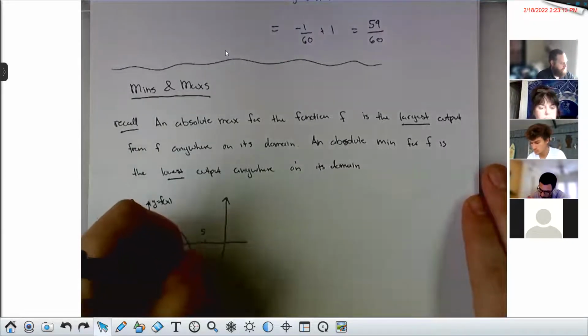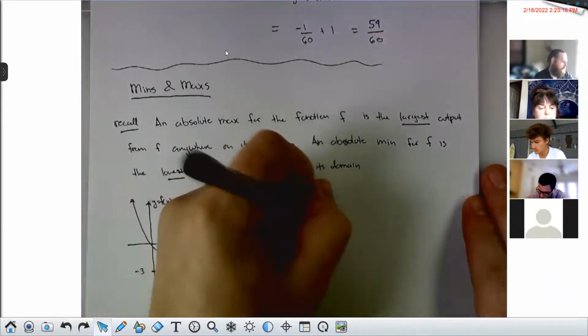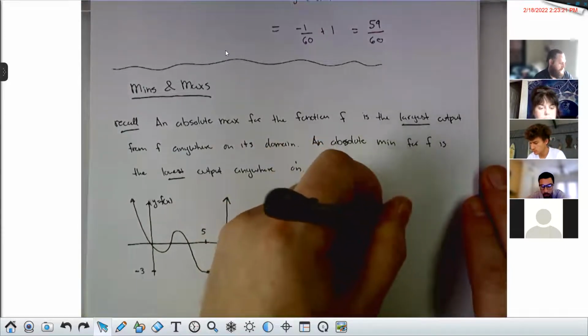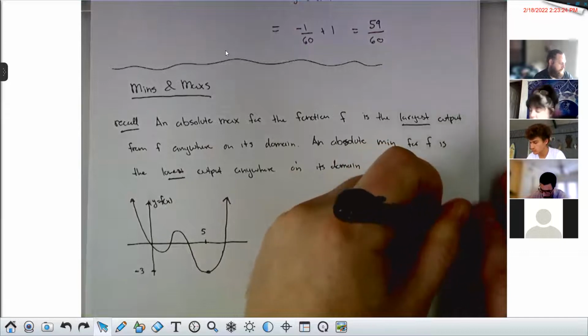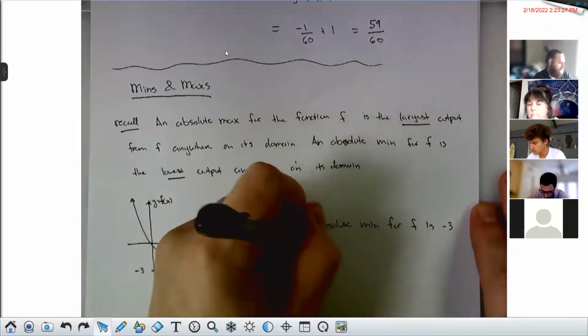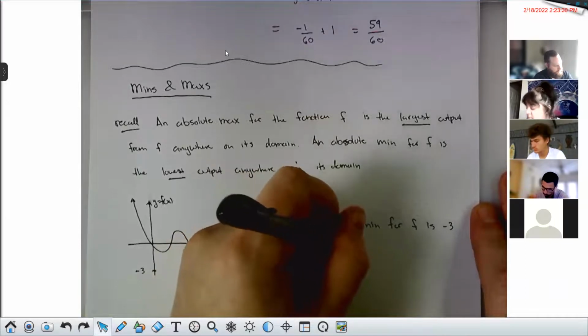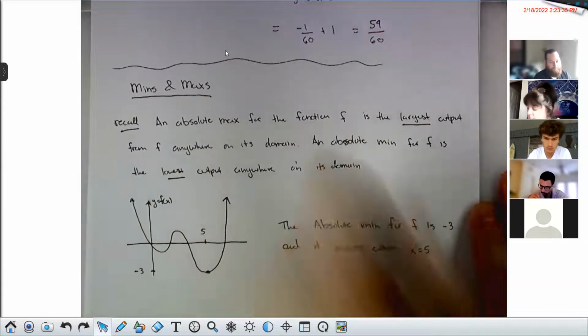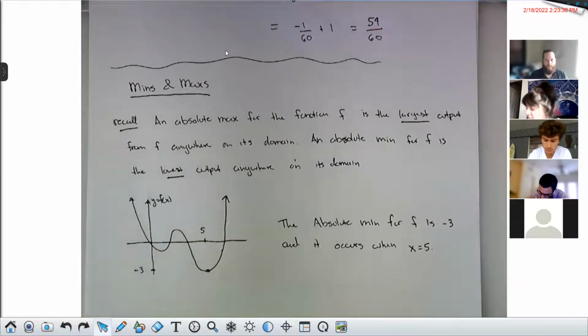This right here would be the absolute min. Generally the input value is referred to as the location of the min, and the output is the value of the min. And it's important that we have those two things separate and clear in our head.